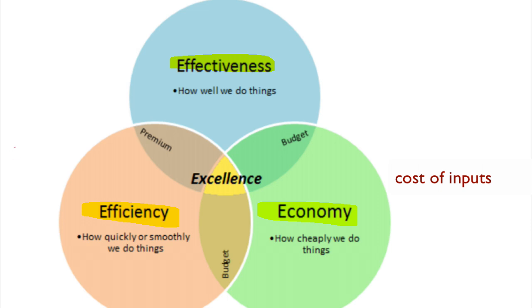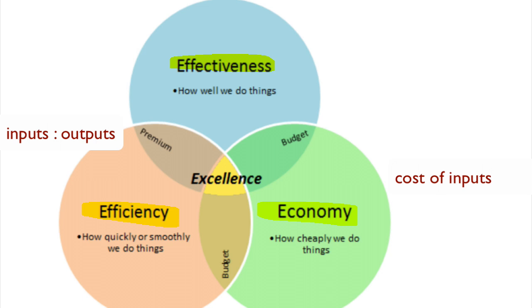Efficiency is the ratio of inputs to outputs. So it's how much has come out given what's gone in. So for a school, for example, we might think about class sizes.